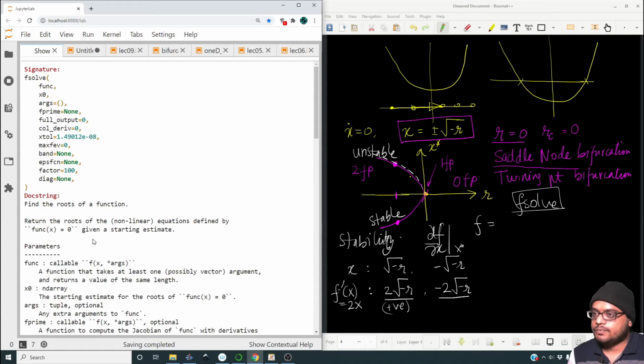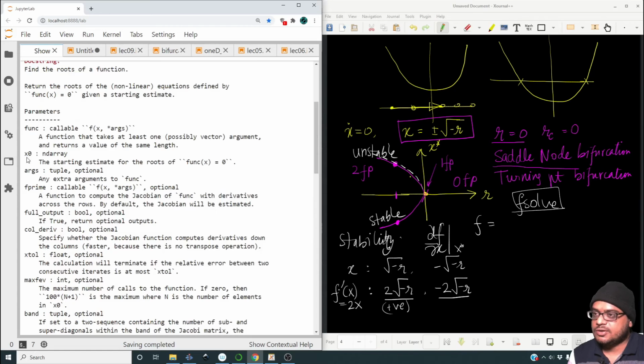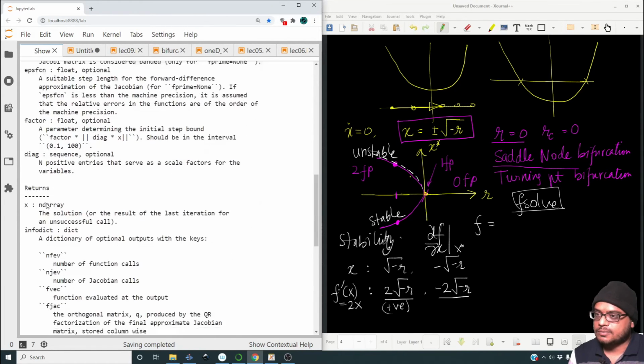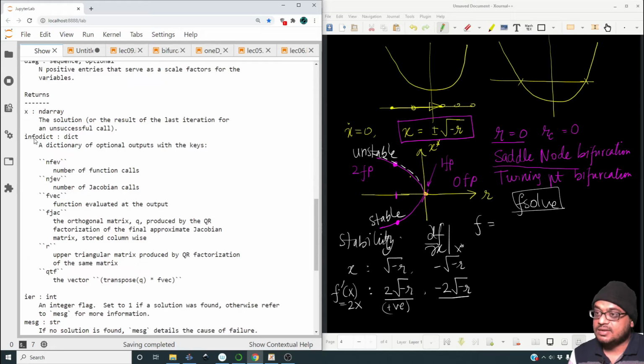Okay, so function, x naught, args. This is how you pass everything. We can pass the Jacobian as well, but we don't need to do that. It returns x and the info dictionary. This is the info dictionary that we just read: number of function calls, number of Jacobian calls.